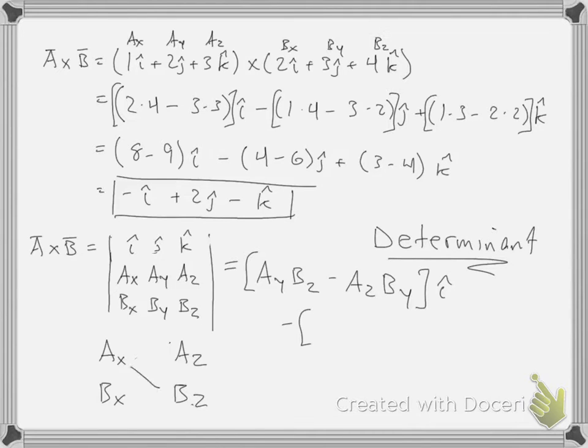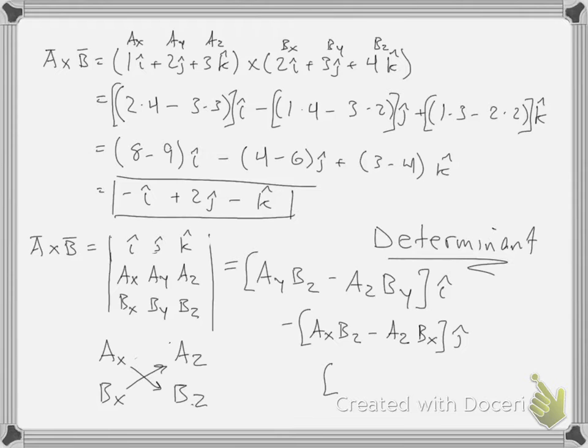But guess what? We still do that same pattern. So this is AX times BZ, subtracting AZ, BX. You may have noticed that the subscripts, the components, they are flipped, right? They reverse. So that's the J hat component.